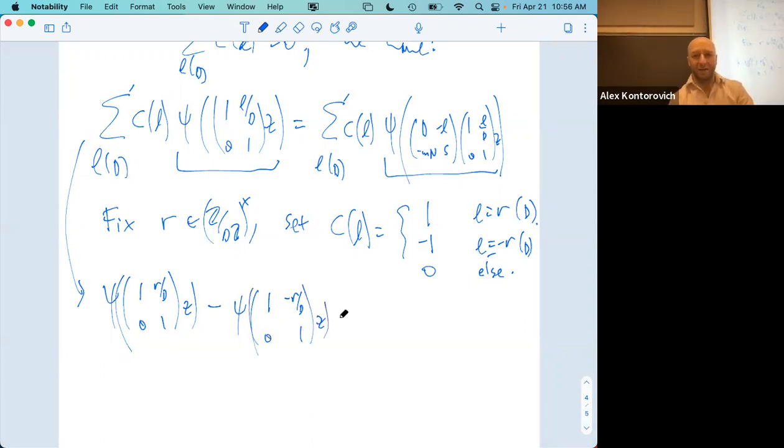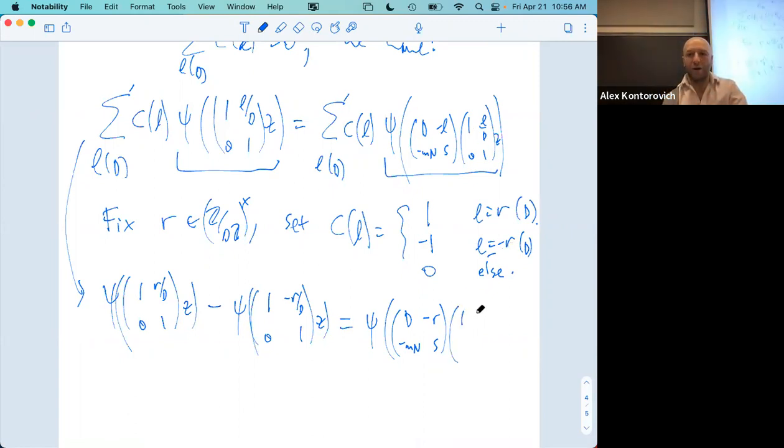On the right-hand side, again, I get two terms, one when L is equal to R with a plus sign, one when L is equal to minus R with a minus sign. So I get psi of (D minus R minus MN S). M and S are still functions of R, so there's a different M and S depending on whether I have L equal R or L equal minus R. In fact, I'll need that fact in just a second.